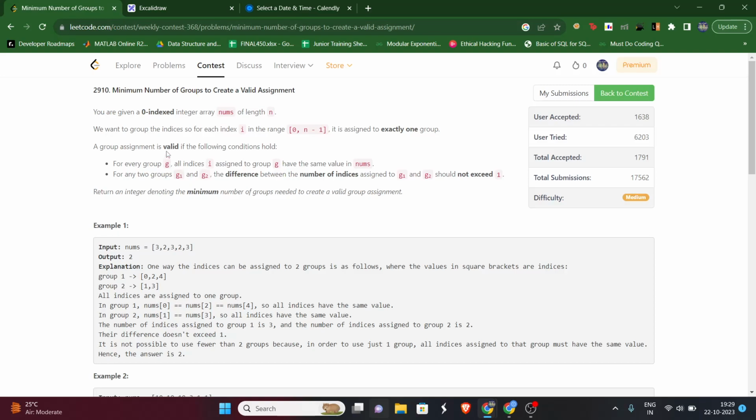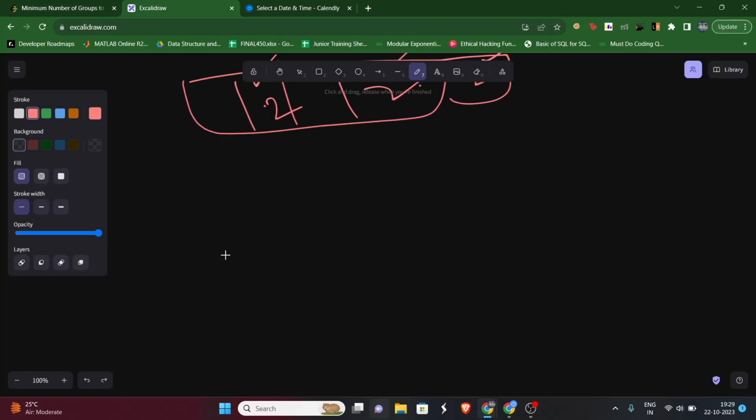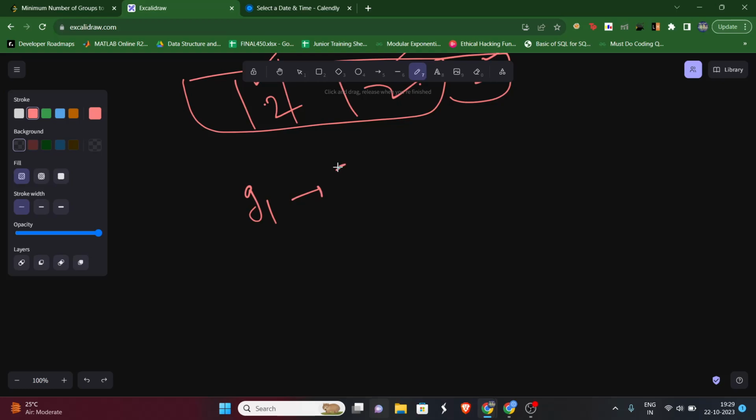Now, it's saying that for any two groups, the difference between the number of indices assigned to G1 and G2 should not exceed 1. What it means is, let's say I have a group G1 and its size is 5, then I should have a group G2 whose size must be either 5, 4, or 6.